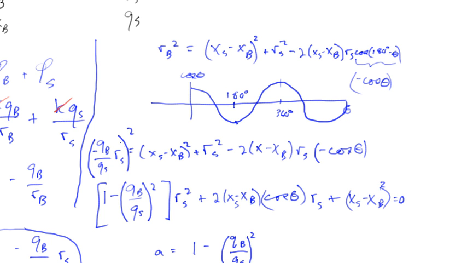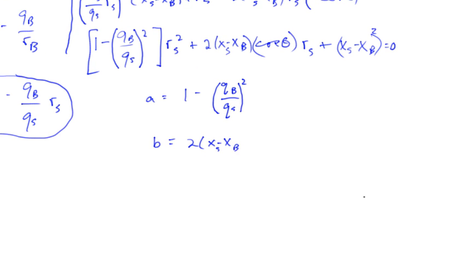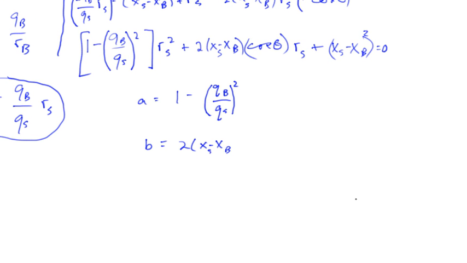I had the law of cosines up there, and when I copied it down, this XS just became an X. Alright, so that should be fixed up. XS minus XB times the cosine of theta, and C is XS minus XB quantity squared.